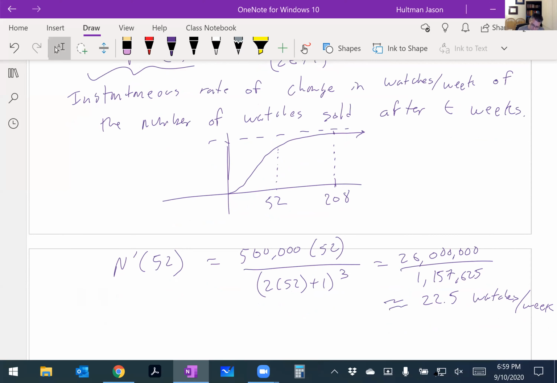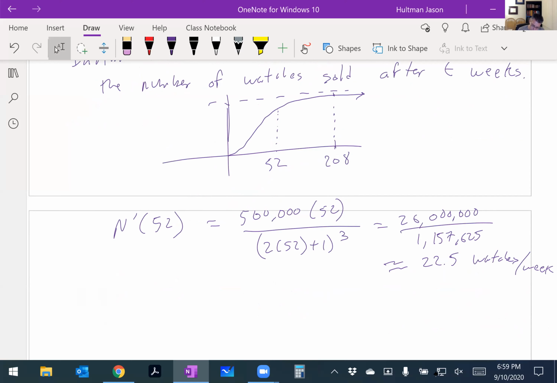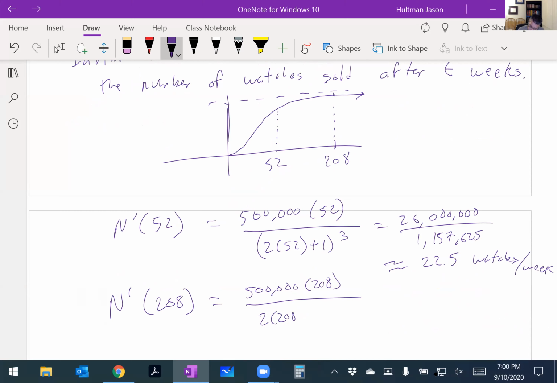Okay. What about after 4 years? Well, what's N prime of 208? We'll just do the same thing. 500,000 times 208 over 2 times 208 plus 1 cubed. And I'll just tell you what this is.